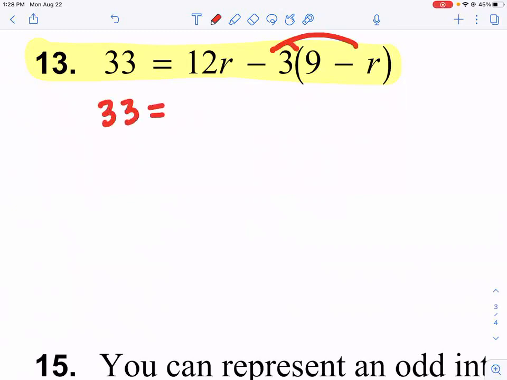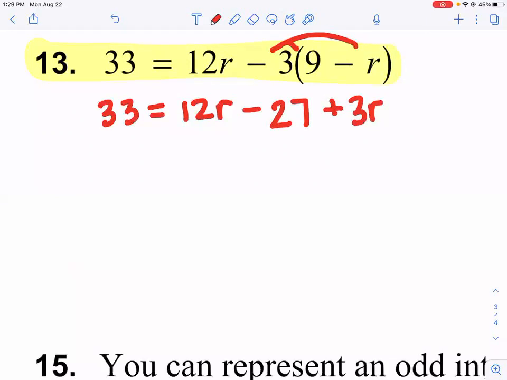So this becomes a -27 plus 3R. This is a -3 times a -R. So a negative times a negative is going to make a positive.